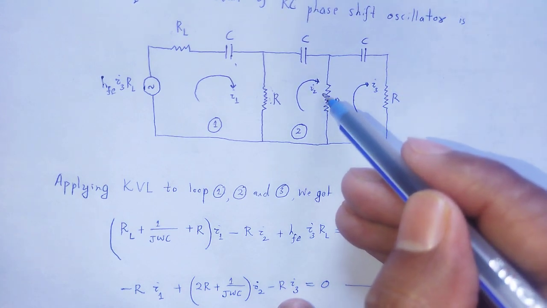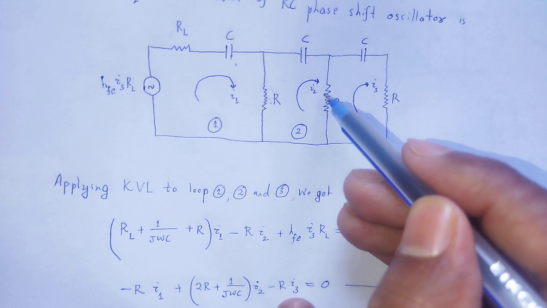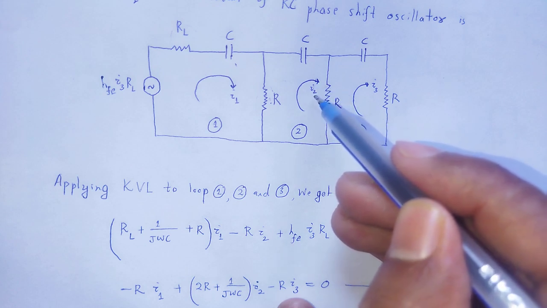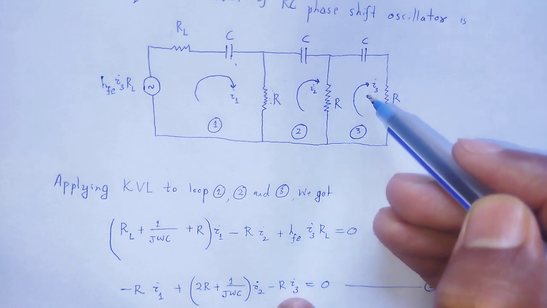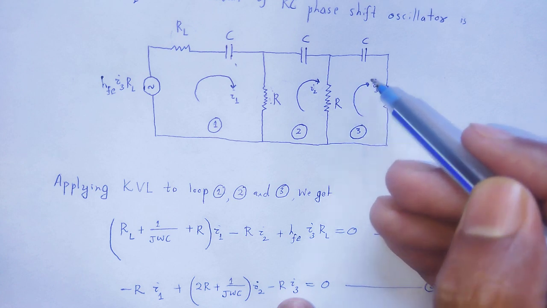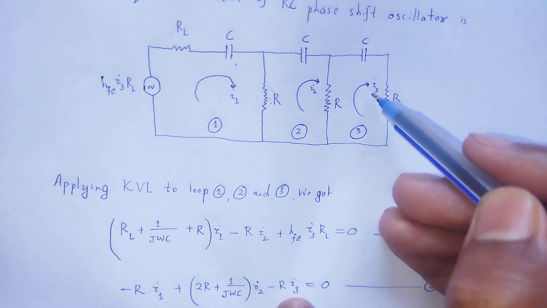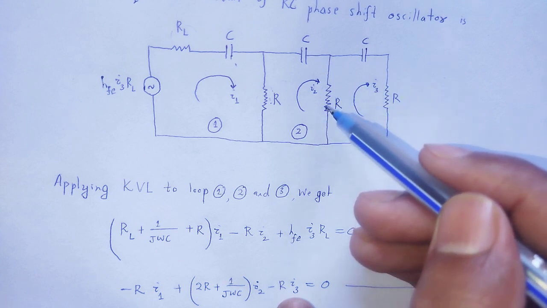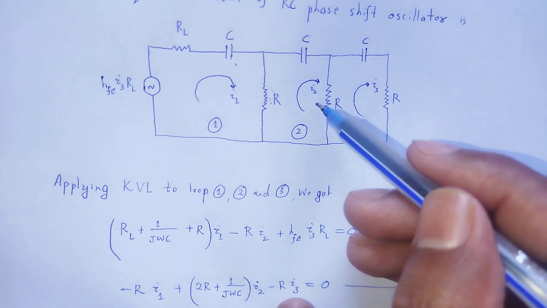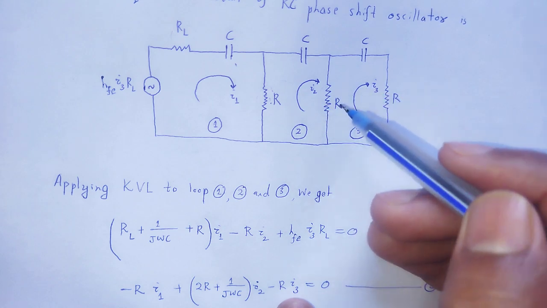Here the dominant current is I2; I3 is not dominant here, I3 is the dominant current in loop number 3. Again, by another convention, the dominant current we take as positive, and the non-dominant currents as negative.